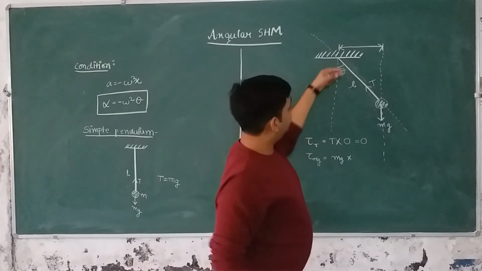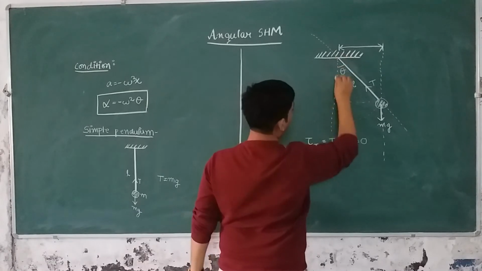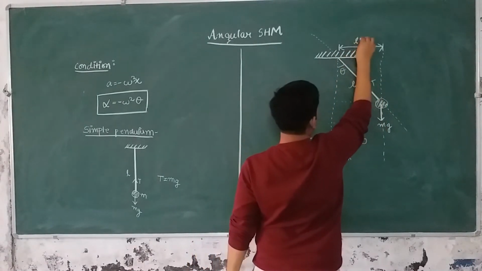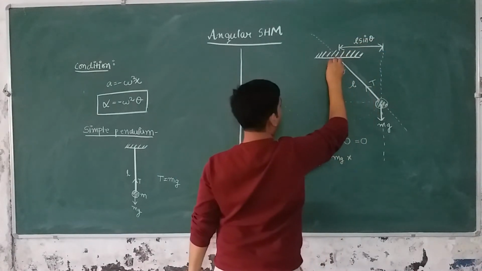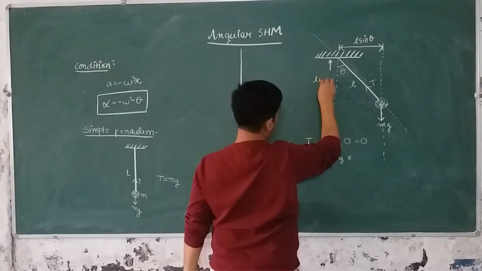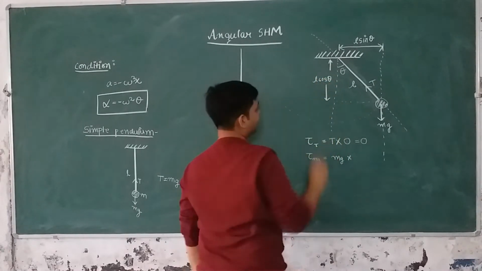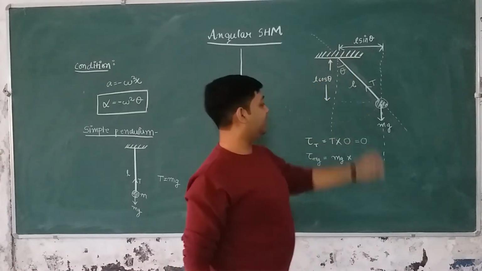If this is L, this length will be L cos theta, and this line will be L sin theta.